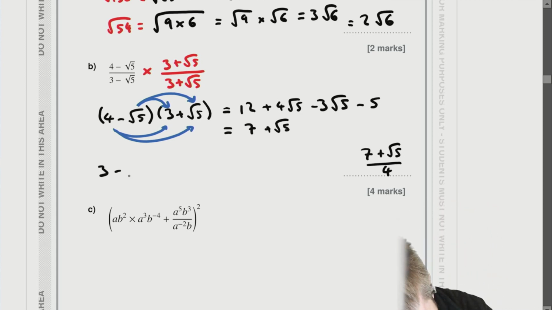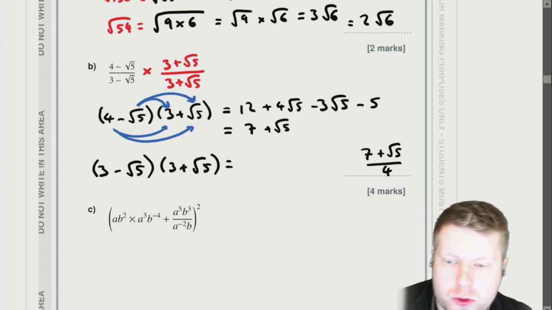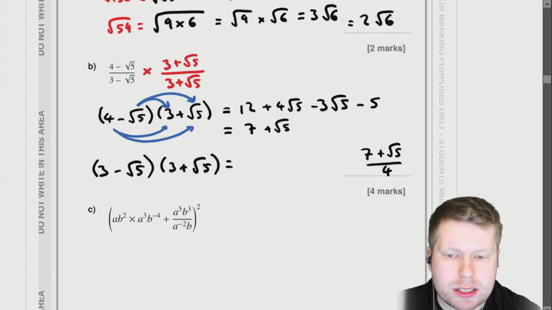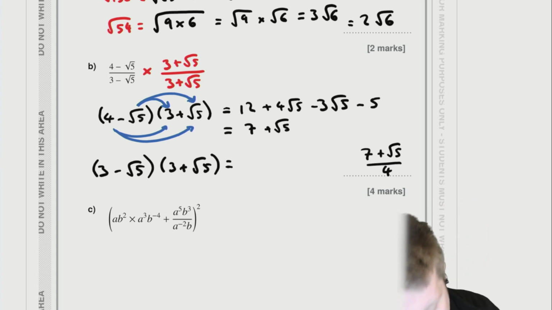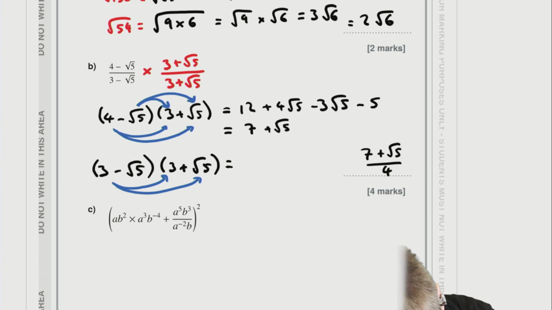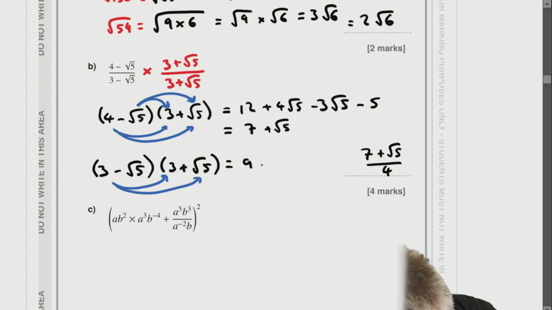denominator. So I'm going to go 3 minus root 5 times by 3 plus root 5. Some of you might recognise that as the difference of two squares, so it's fine just to do 3 times 3 plus negative root 5 times positive root 5. But if I'm doing this formally, it should be 3 times 3 and 3 times positive root 5, which makes 9 plus 3 root 5.